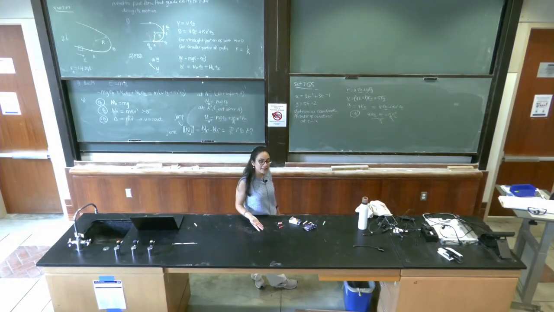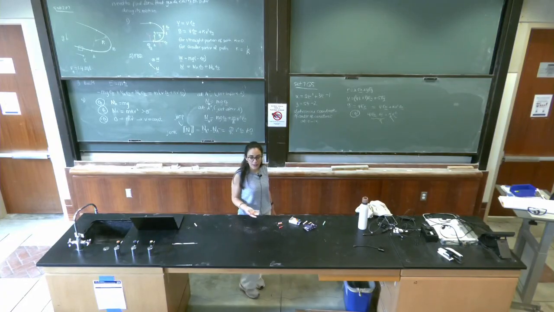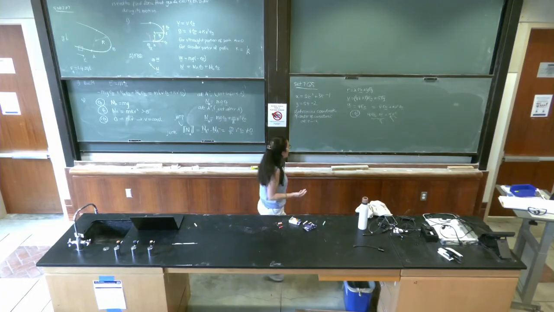How do I find en? Well, let's go step by step. Can we find et first? How do I calculate et?